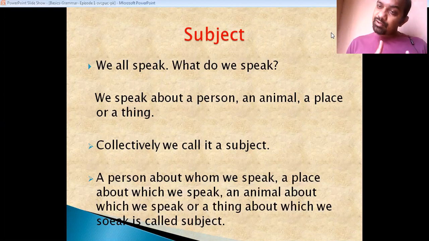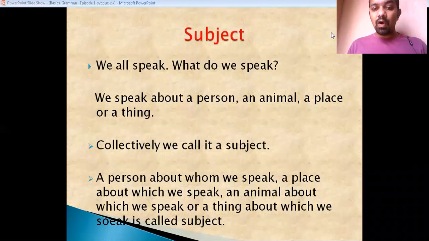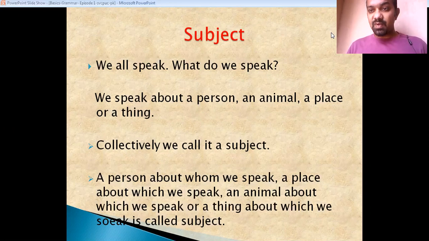An animal about which we speak: a tiger, a dog, a cat, a rabbit, whatever. Or a thing about which we speak. We call it subject. There is a spelling error here. You can see S-P-E-A-K.